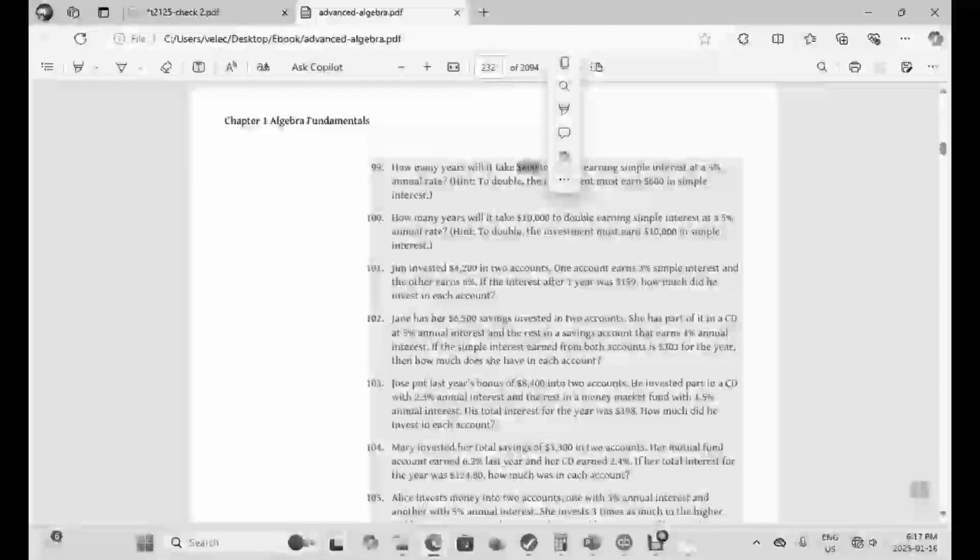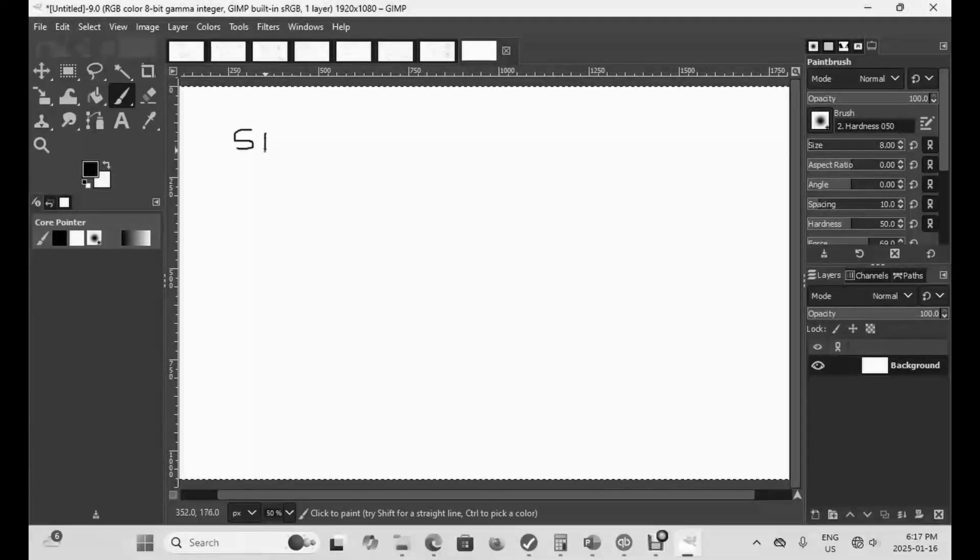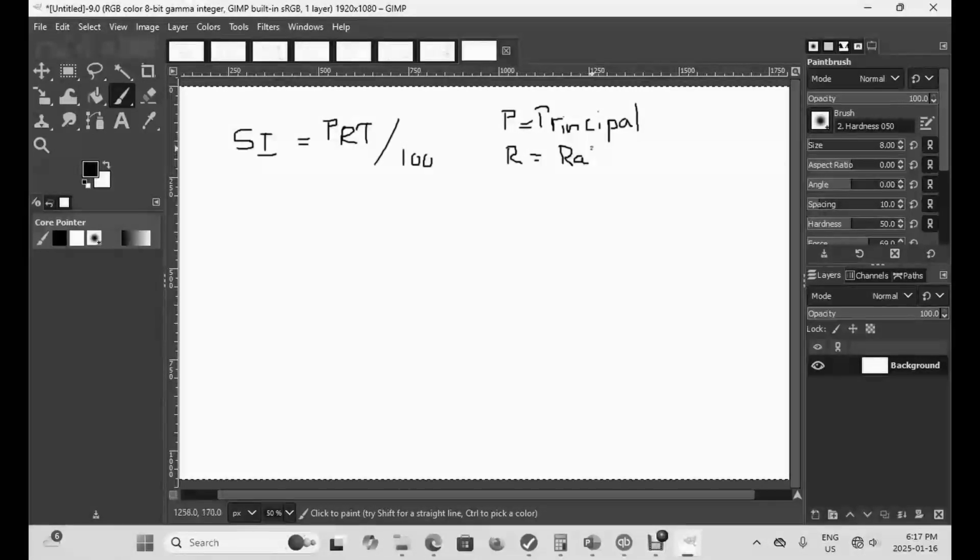We know the formula for simple interest: simple interest equals PRT over 100, where P is principal, R is your interest rate, and T equals time.